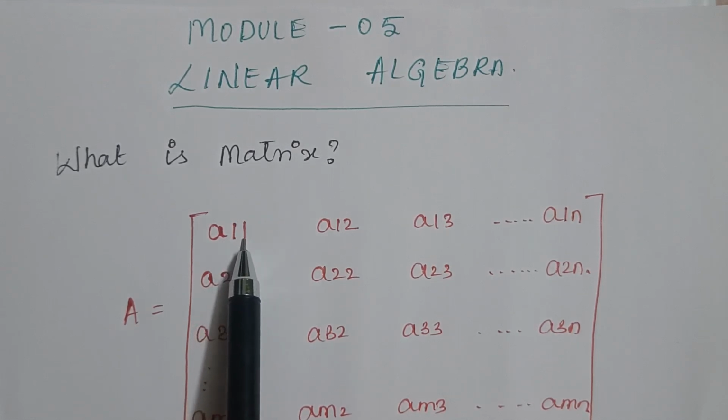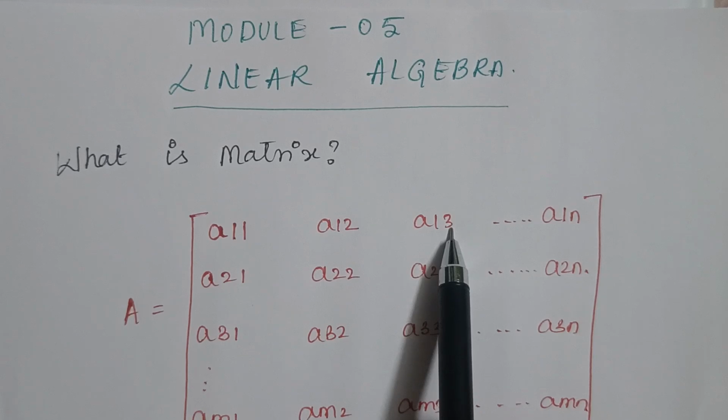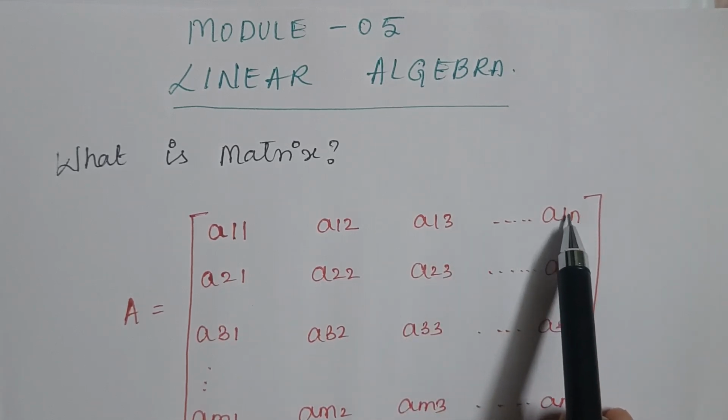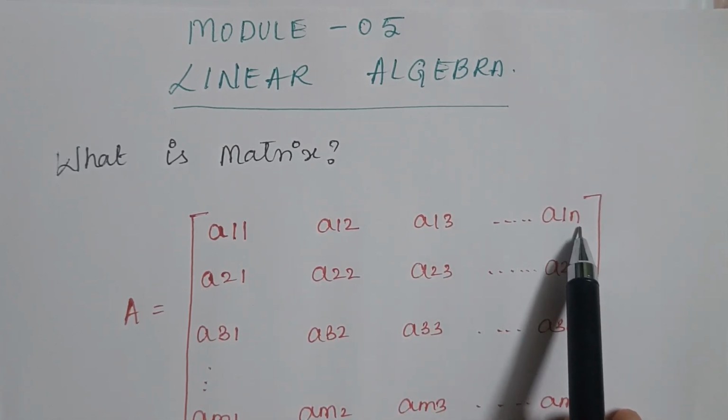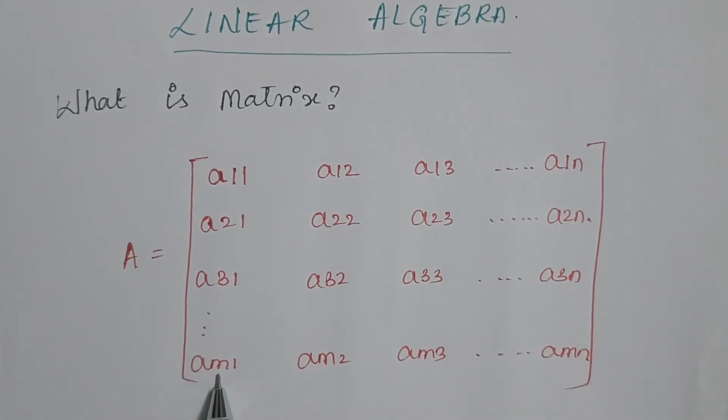So element of first row, first column; first row, second column; first row, third column, so on till first row and nth column. Likewise, moving till element of mth row and first column, mth row and second column, mth row and third column, and so on till the last element, that is going to be the element of mth row and nth column.